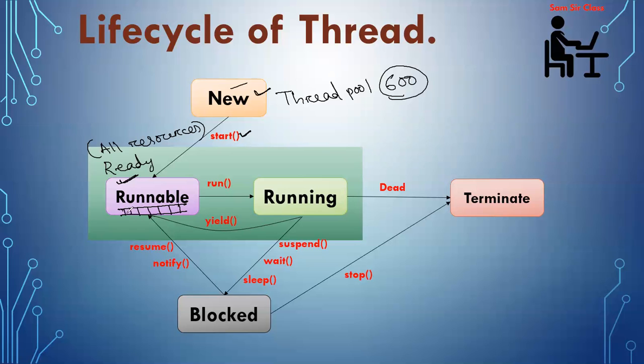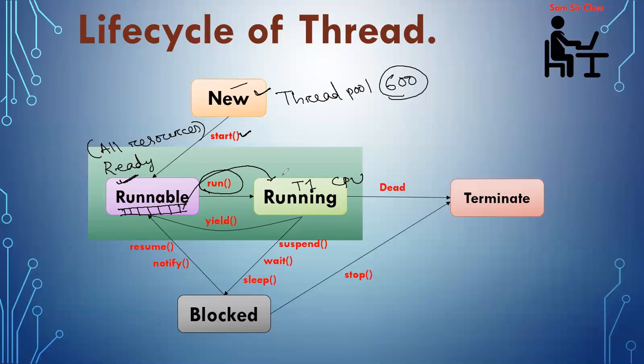So anyone who is at the beginning of the queue will get the CPU first. Their run method will be called, depending on the availability of the CPU. Any thread at the beginning of the queue will be selected by the JVM and given the CPU. Clear?